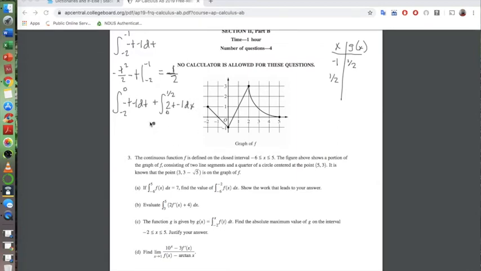And so we end up getting, again, negative t squared over 2 minus t from negative 2 to 0. That equals 0. And then we've got, adding to that, t squared minus t from 0 to 1/2.